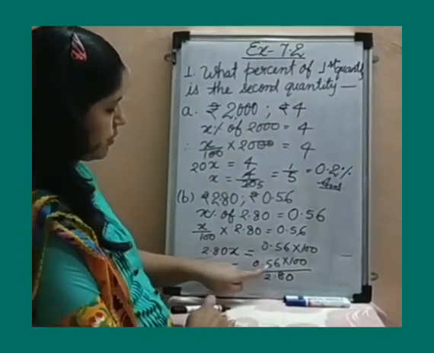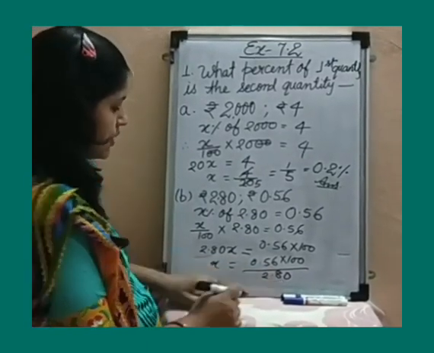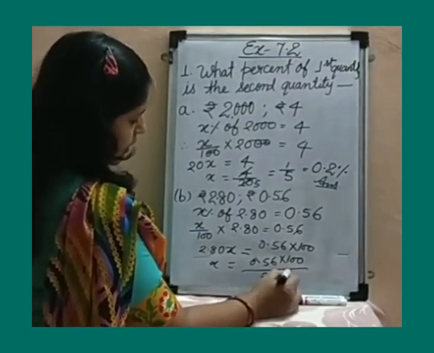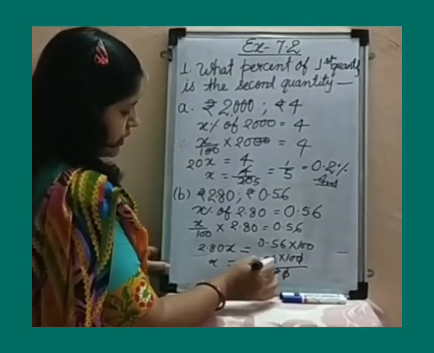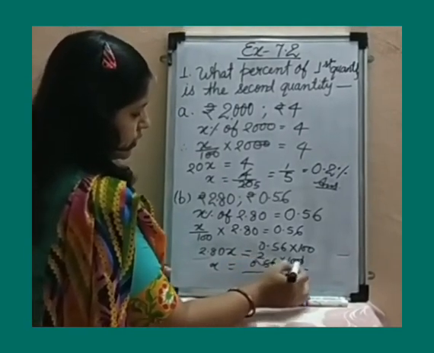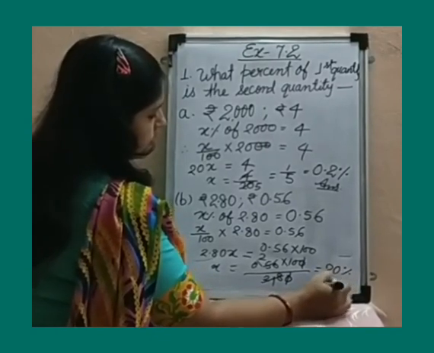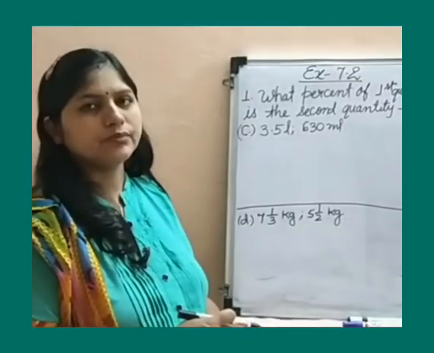Because after the decimal here there are 2 digits and in the denominator after the decimal there are 2 digits, so cancel the decimal. Now 0 by 0, 28 2s are 56. 2 into 10, 20%. Answer.